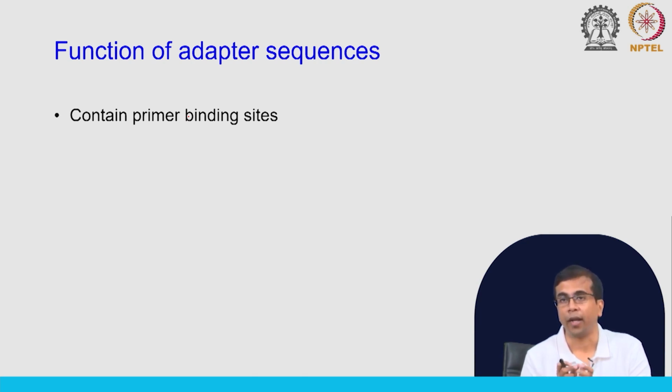For amplification, you need a primer binding site, you need polymerase, which will start extension from this primer sequence. So, to generate this primer binding site, we add these adapter sequences. They contain some sequences which can be used as primer binding sites.